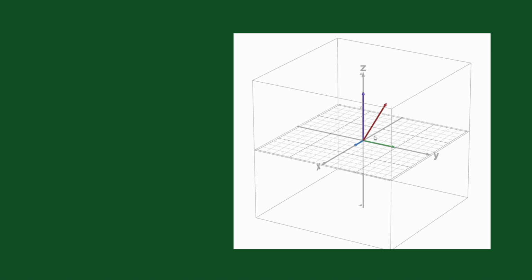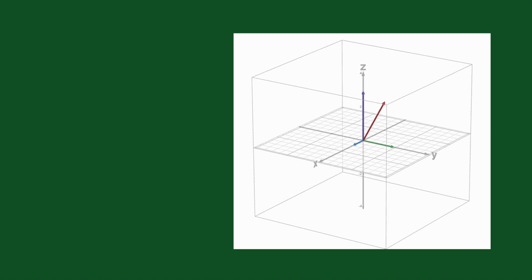Now we know that component vectors you should be able to add together to get to your final resultant vector, right? For example, in 2 dimensions, if you have a vector that goes like this, let's call that vector v. If you have the x component and the y component, you can add those 2 vectors together and your vector v is the result of that, right?